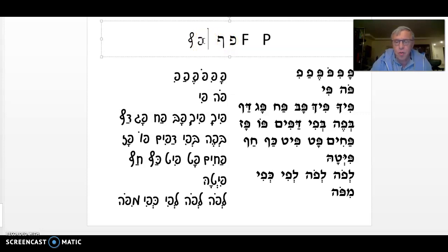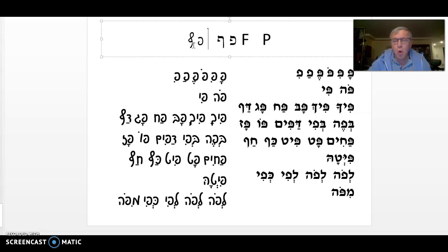This would be the written form, and this would be the final Peh form. I think that you might be better off looking at the charts that I've given you last day, and see how the letter is formed.